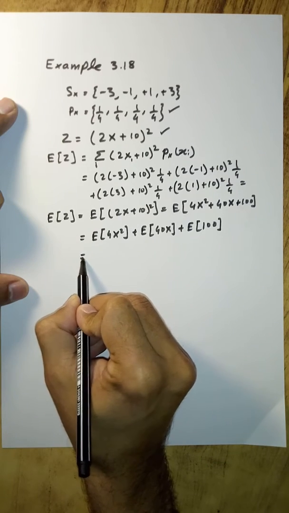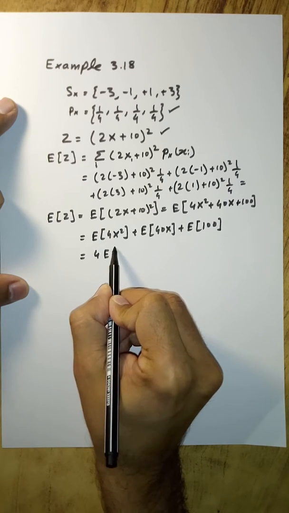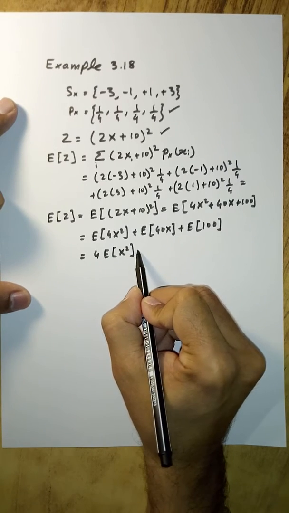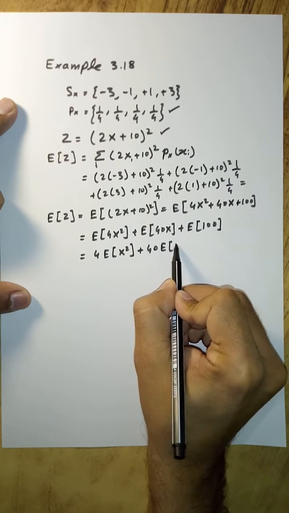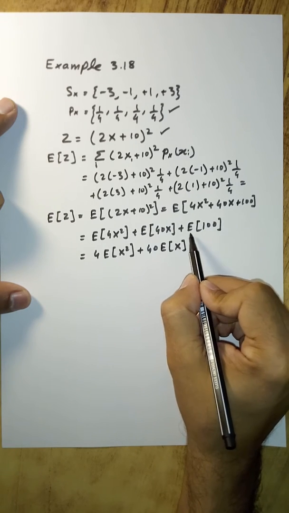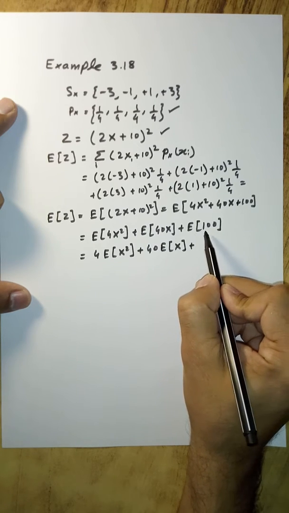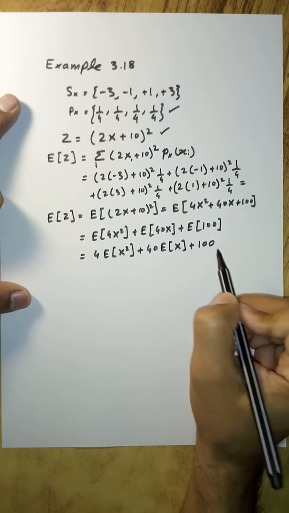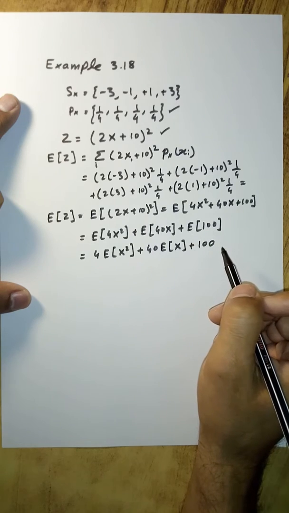So the expected value of 4x squared can be written as 4 multiplied by the expected value of x squared, and similarly it will be 40 multiplied by the expected value of x. Now what will be the expected value of 100? 100 is a constant, so it will always be 100. Obviously the expected value of a constant is the constant itself.